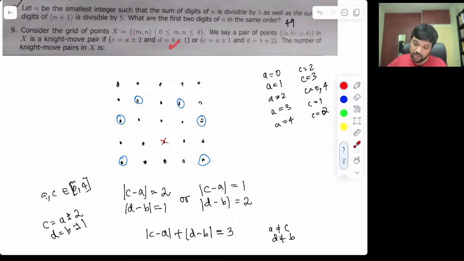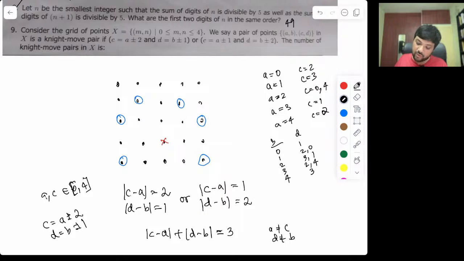Similarly for d you can do. So if b is 0, again 0, 1, 2, 3, 4, it's very fast once you decide to do it by brute force. Then the possible values of d are, for 0, b plus 1, or 0; for 2 it is 3 or 1; for 3 it is 2 or 4; for 4 it is 3.